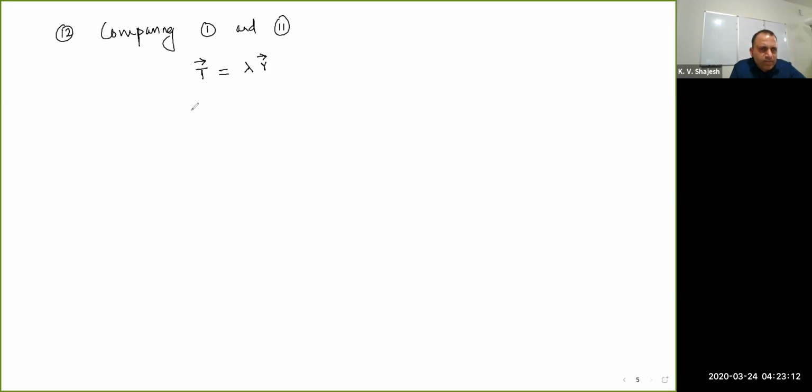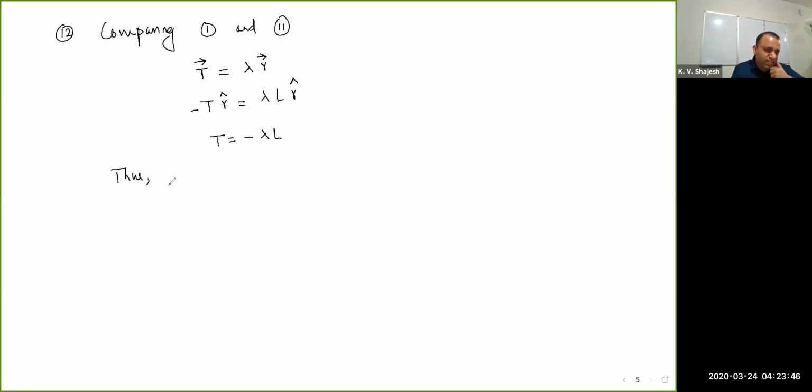The force of tension, we said, is minus T in the direction of r hat, and this is lambda times the vector r, which is L times r hat. So we learn T is equal to minus lambda times L.